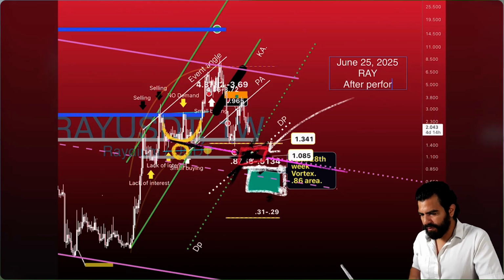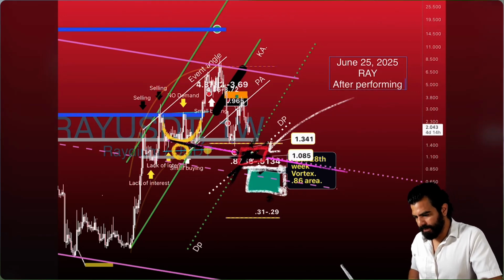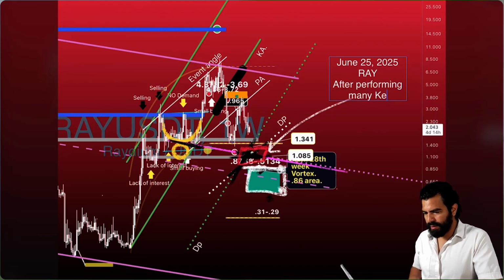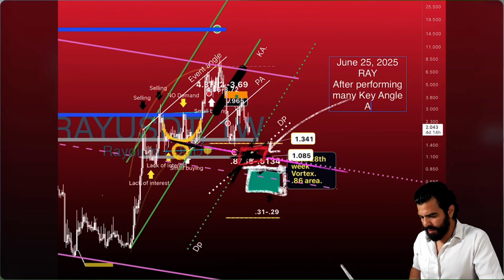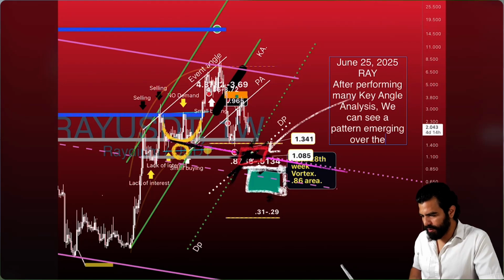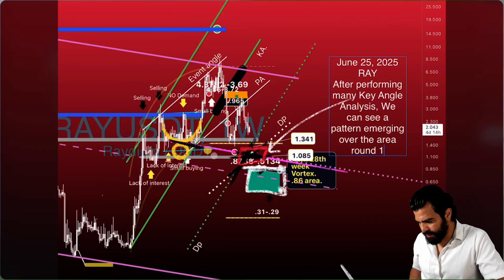After performing many key angle analysis, we can see a pattern emerging over the areas around $1.80, $1.08 area.